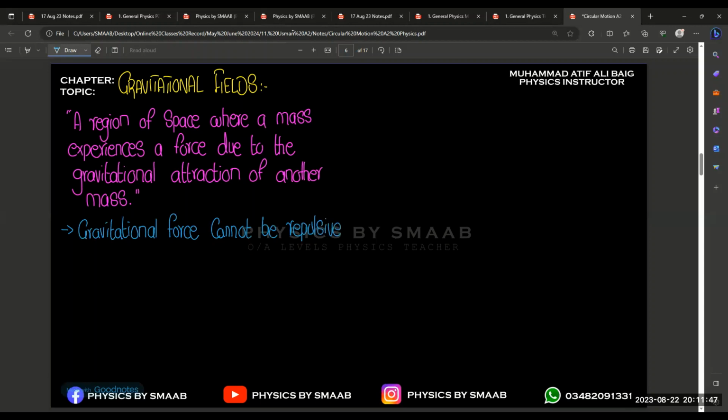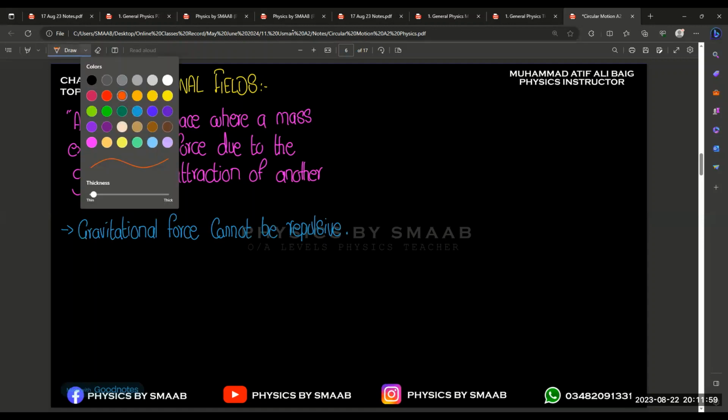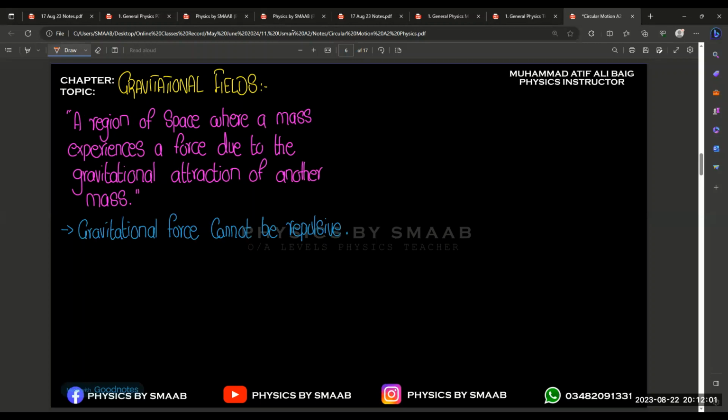This is the most important point, because this will help you to write the difference between normal fields and the gravitational field. And we know the formula of weight, W equals mg, that will give you the concept of gravitational field strength.